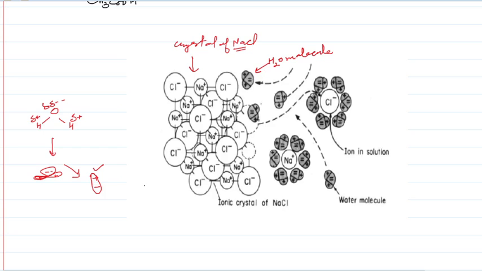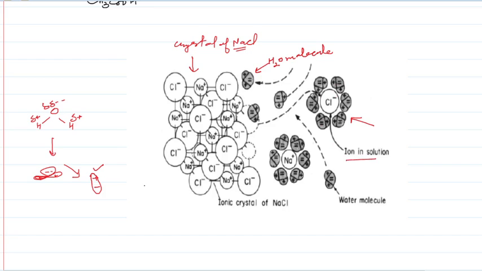Water acts as a solvent, so it can interact with the ions and cause their dissolution, or this is called simply solvation. Here you are seeing the Cl negative ion, and it is surrounded by the dipoles of water.